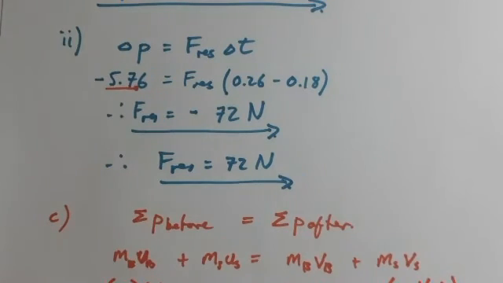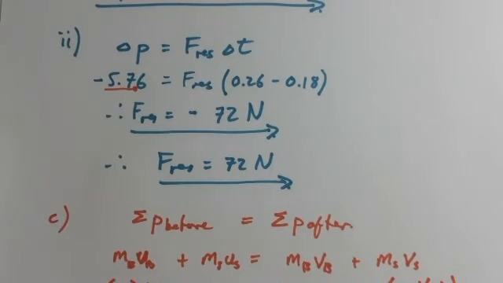Did you get 12? Oh, dear me. Thank you. Check me. 5.76 divided by 0.08. Why do I get 72? What's wrong with my calculator? Ooh, did I do 0.8 or 0.08?